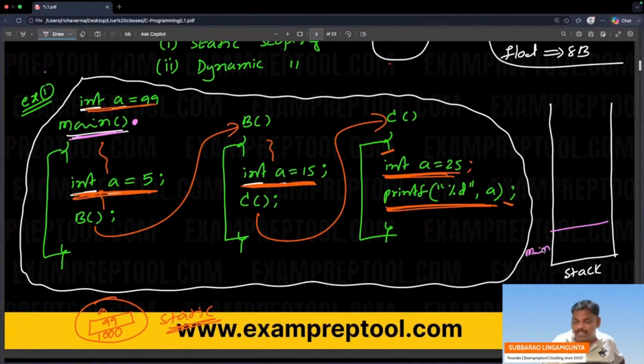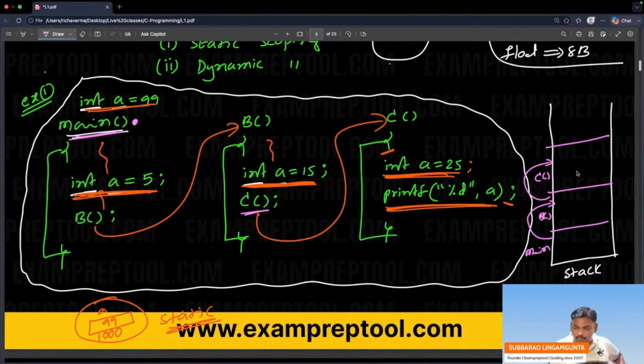But if you observe clearly, inside main, B is called, so B will be pushed inside the stack. Inside B, if you observe, C is called, so B internally calls C. C will also be pushed. Remember, a function call is a push operation. You called main, main will be pushed. You called B, B will be pushed. You call C, C will be pushed, like that.